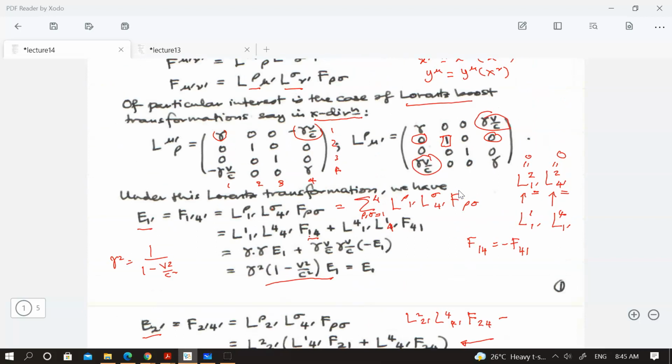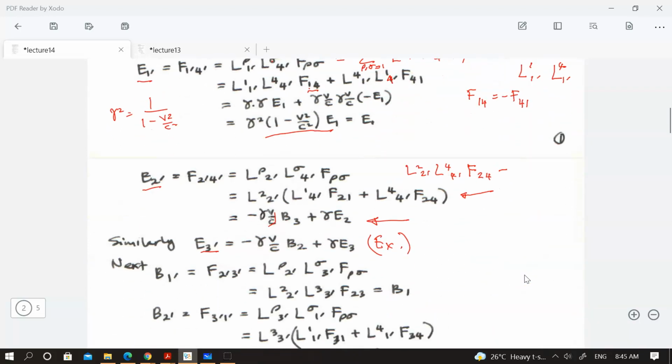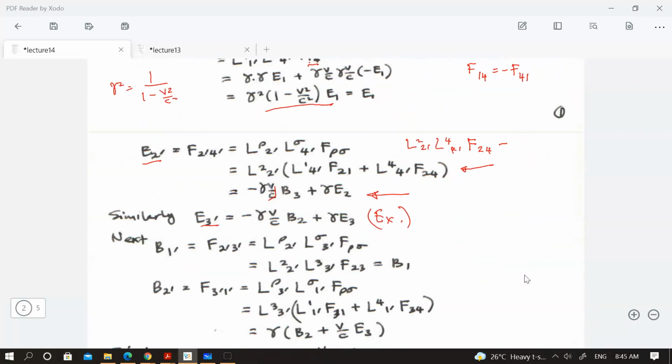Go back to the Lorentz matrix and see what possible non-zero values you should have. I'm not going to go too deeply now. You just look at the appropriate rho and sigma which is non-zero.